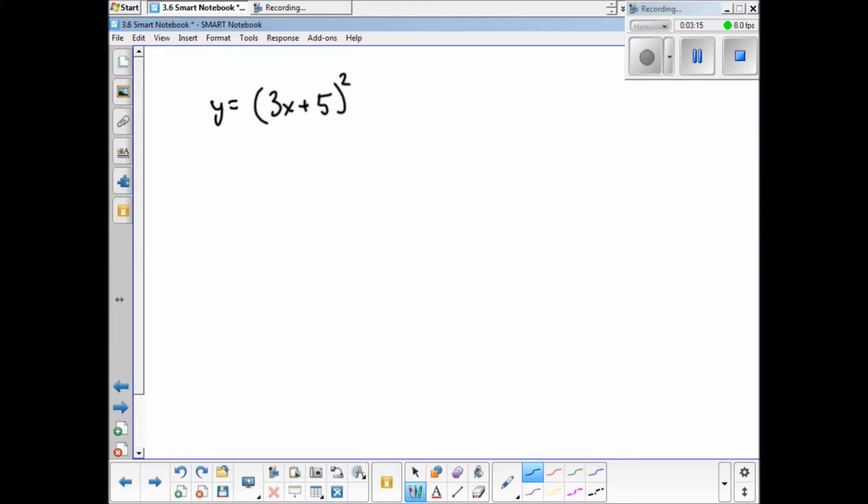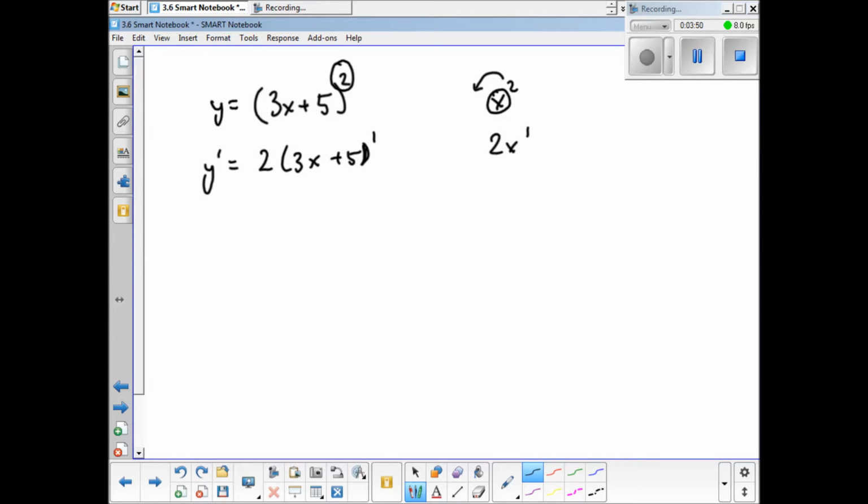Treat it as a function that is a square and a function that is 3x + 5, sort of at the same time. Well, let's break this down. Let's say that we take the 2 from the upper register here and bring it out front and change it to a 1. Now this is what you would do if you had, let's say, just x^2. You would bring the 2 down and you would change the power to 1.